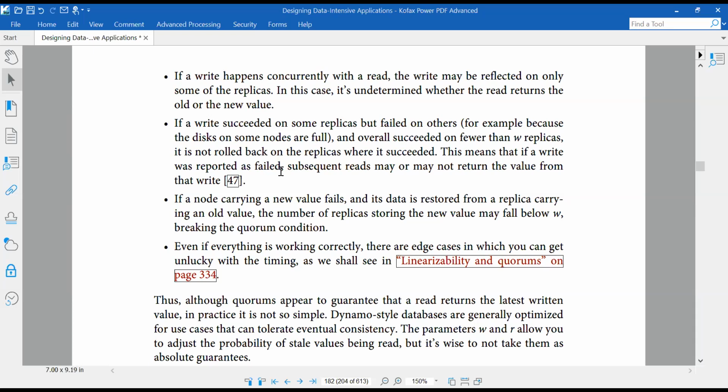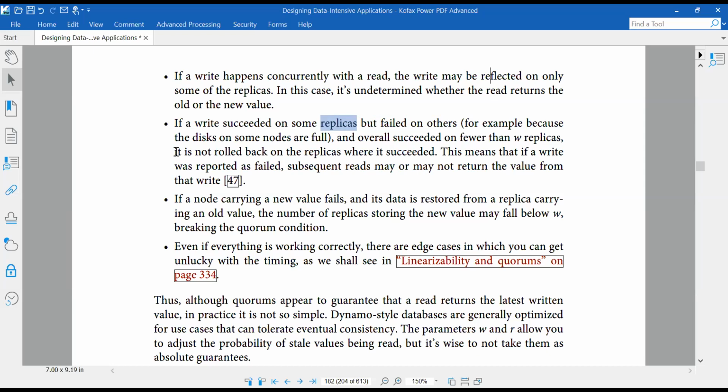This means that if a write was reported as failed, subsequent reads may or may not return a value from that write.